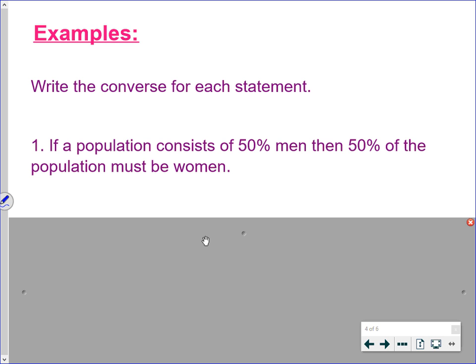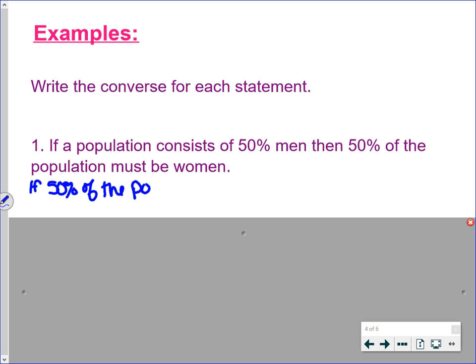The hypothesis is a population consists of 50% men. The conclusion was 50% of the population must be women. So we're going to switch that around. We're going to take the conclusion and write that as our hypothesis. So if 50% of the population is women, I'm not sure which one to use there.